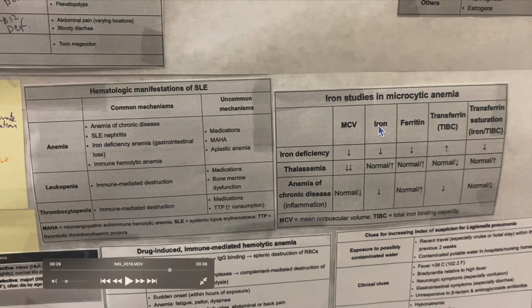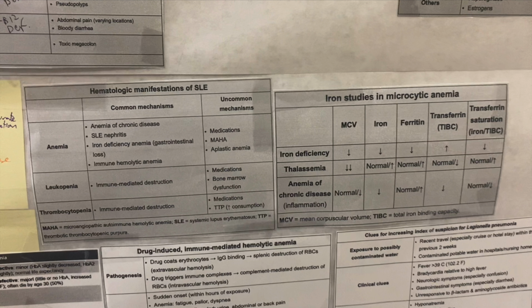Iron deficiency, obviously, iron will be low. Ferritin, the storage form of iron, is also going to be low. And transferrin, the transport one. The seats where iron, basically the things that pick up iron and move it around, you're going to find a lot of those, the taxis, right?